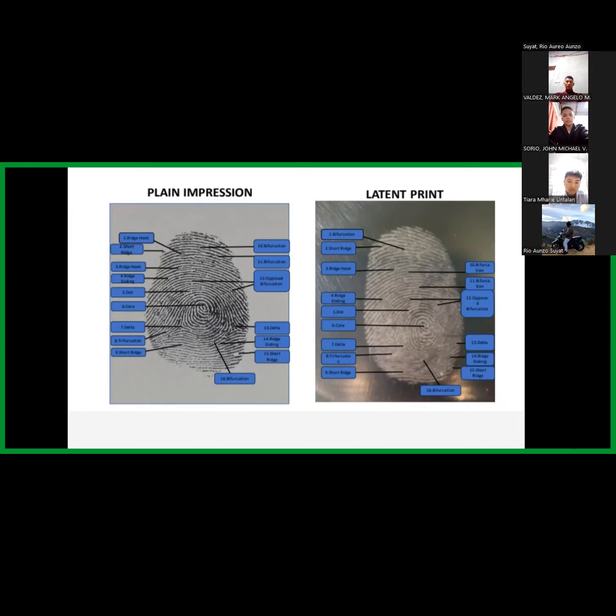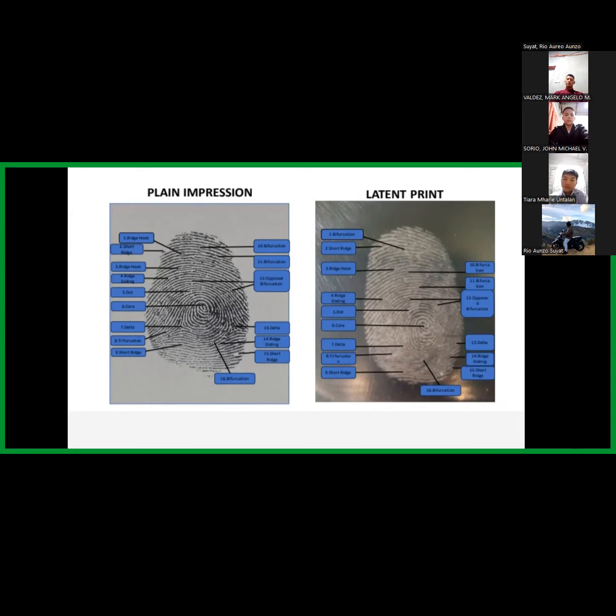Question number 6. What is the average thickness of skin on the palmar side of a young hand? The average thickness of skin on the palmar side of a young hand can vary depending on factors such as sex and individual variation. Number 7.